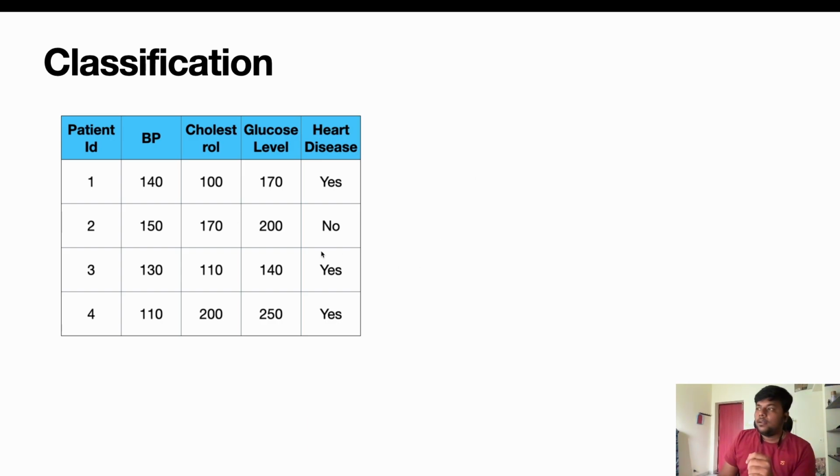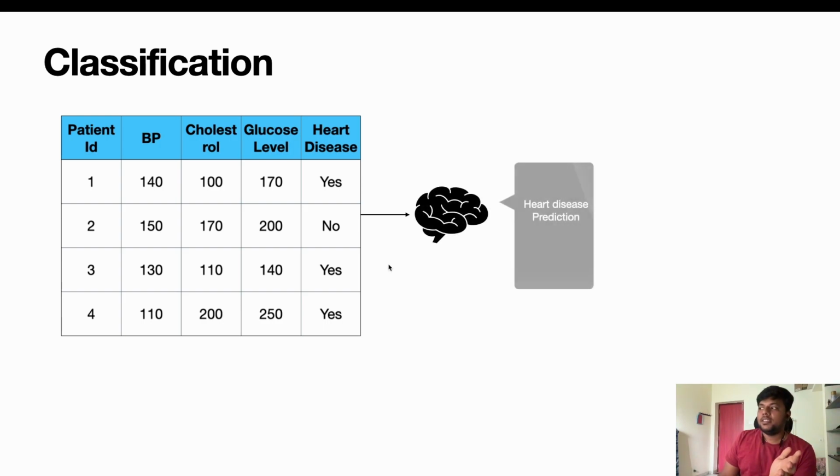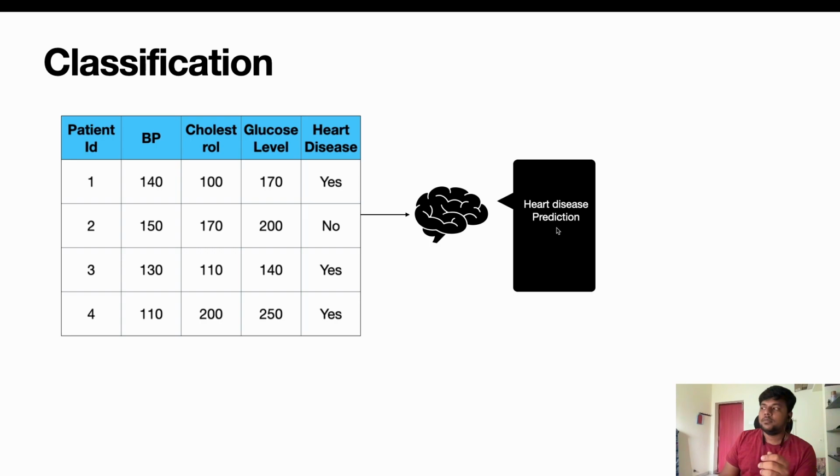If you process this data with classification modeling, it will give the heart disease prediction. Basically, for this classification problem, there are two types. If the model is going to predict only a yes or no answer, it means a binary classification.